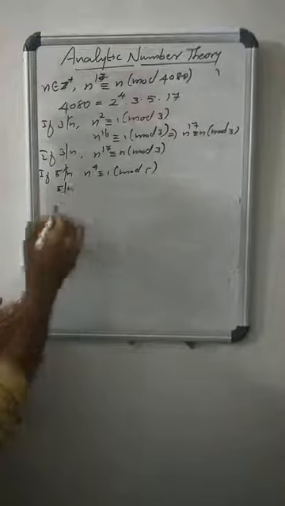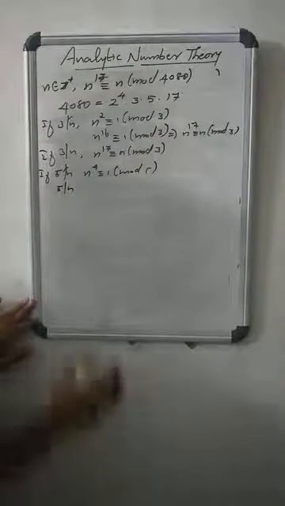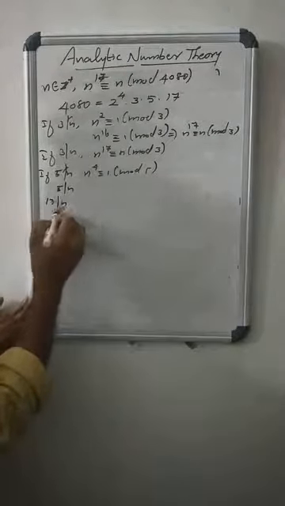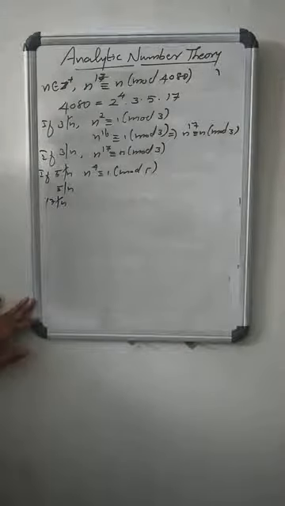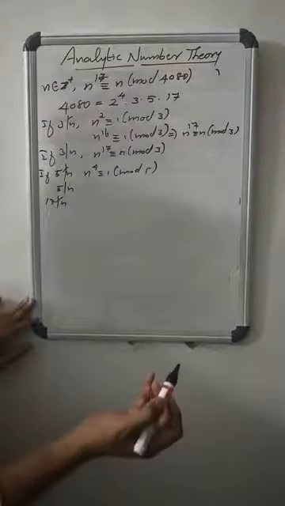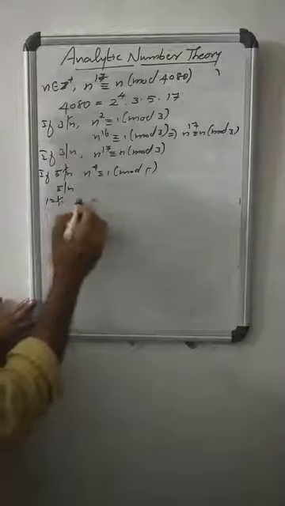If 5 divides n, n power 17 is congruent to n mod 5. Similarly, if 17 does not divide n, n power 16 is congruent to 1 mod 17, therefore n power 17 is congruent to n mod 17 and so on.